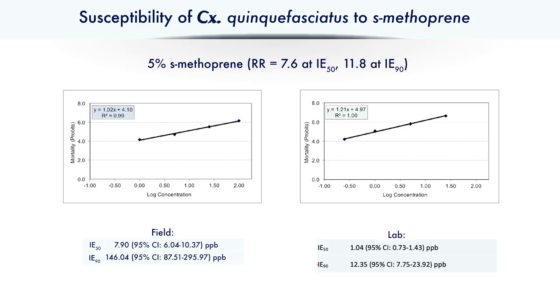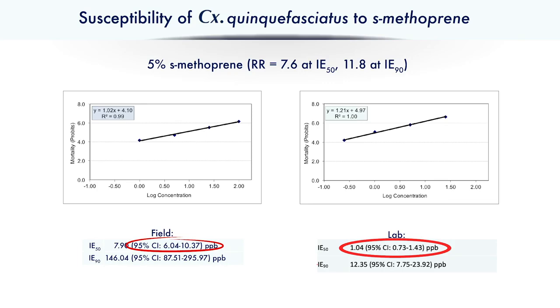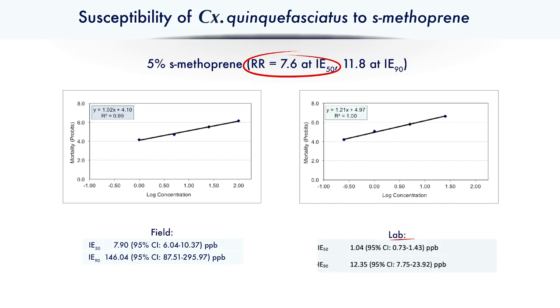Notice that the regression lines are flatter than those shown previously, and the IE50s are in the parts per billion or micrograms per liter range. Also notice that the 95% confidence intervals for the field and laboratory populations do not overlap. The resistance ratio is 7.6, indicating that the field population shows some resistance to this mosquito control agent as compared to the susceptible laboratory colony.